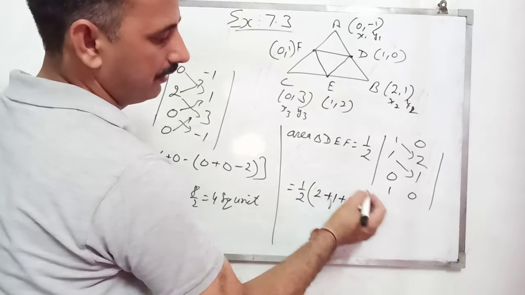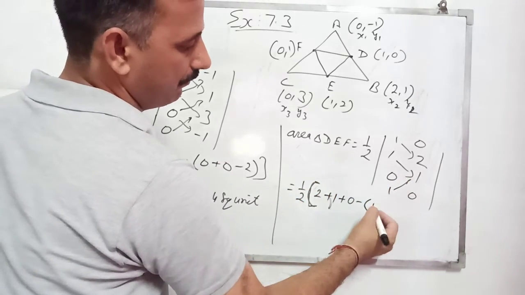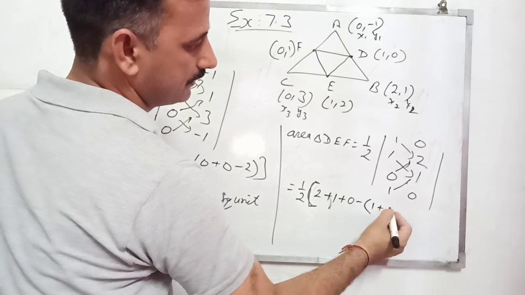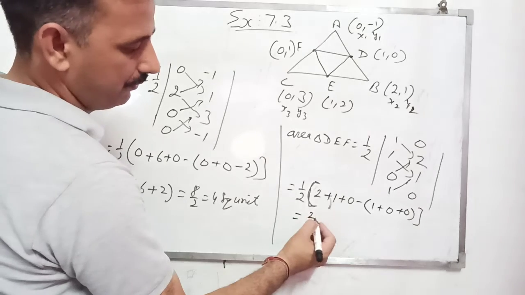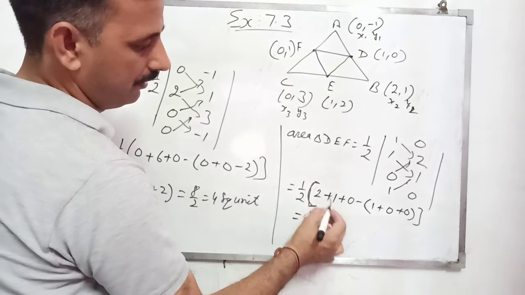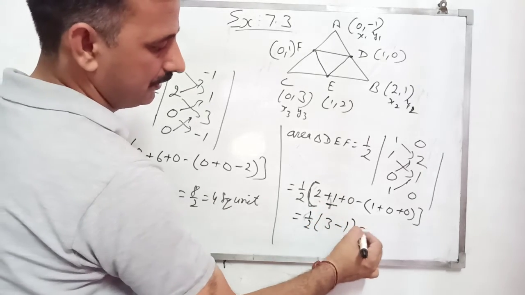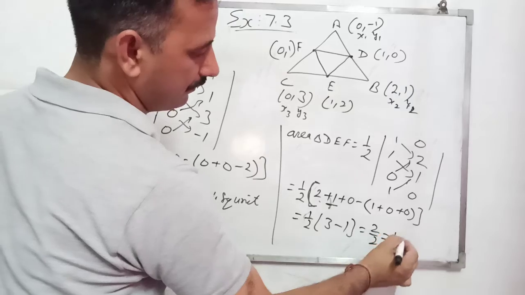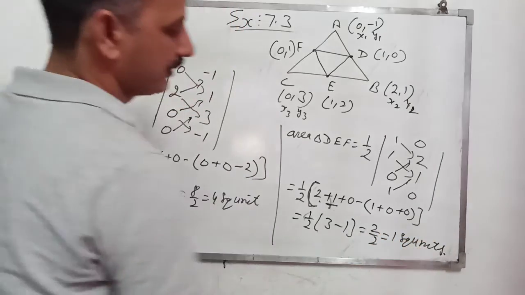With the negative sign we use 1 plus 0 plus 0. So you get 1 upon 2 times (2 plus 3 minus 1). So you get 2 upon 2, that is 1 square unit.